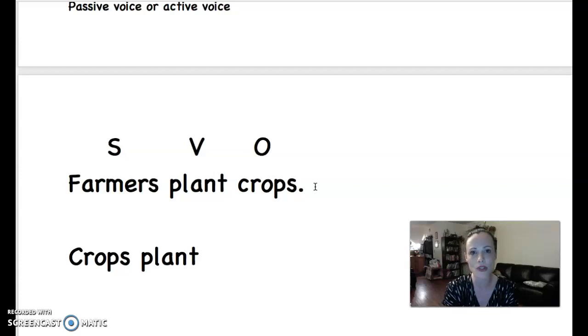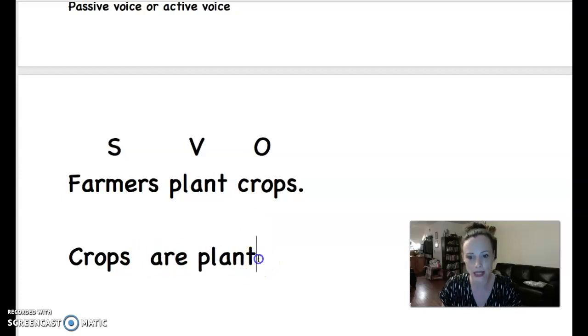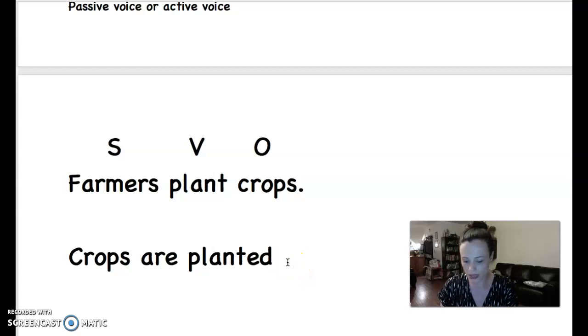So you have to use the passive voice, meaning someone else is doing it to the crops. So you would say crops are planted. Maybe you're saying something like, crops are planted close together.